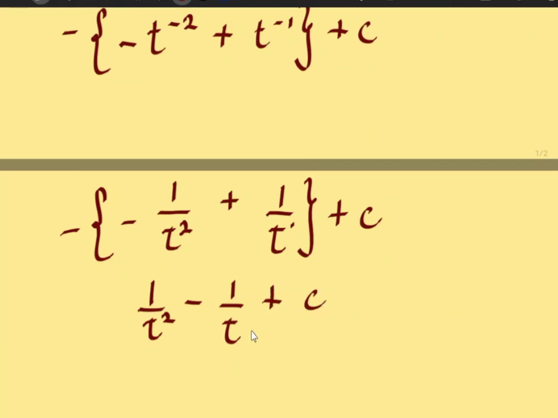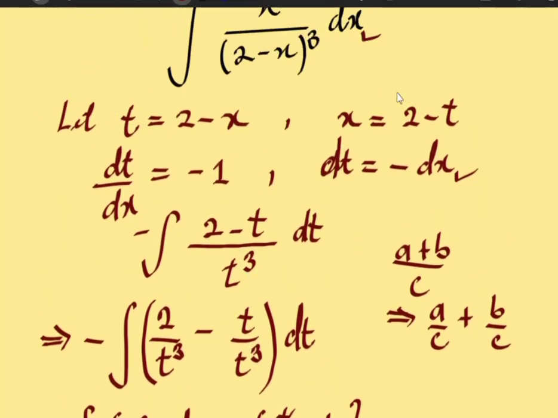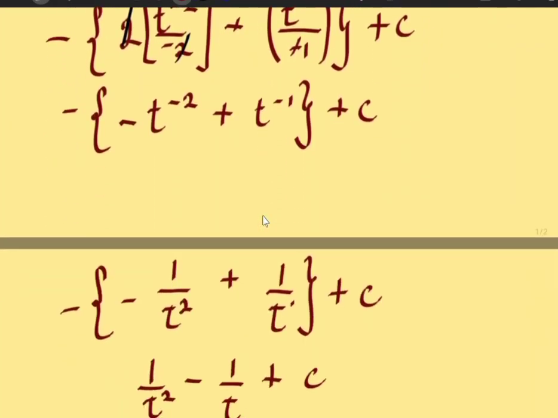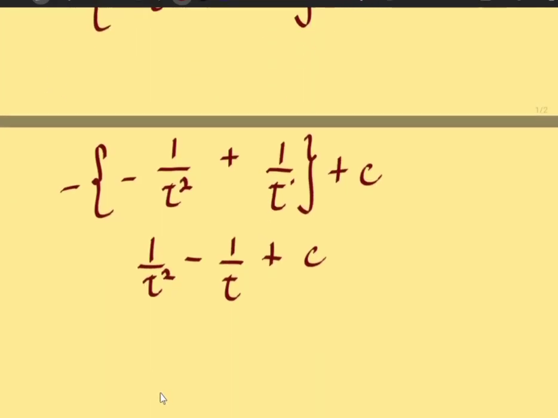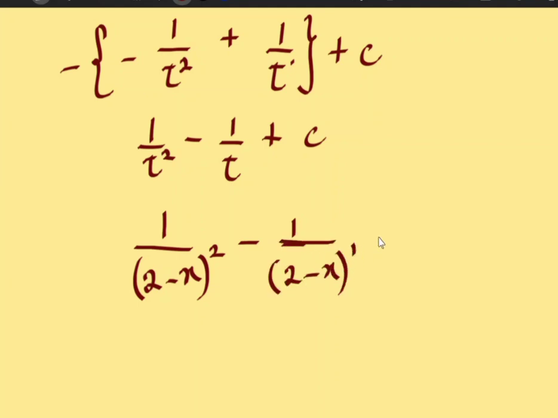Don't forget our t earlier is 2 minus x, so we substitute it back. We have 1 over (2 minus x) all raised to the power of 2, minus 1 over (2 minus x) raised to the power 1, plus the constant term c.